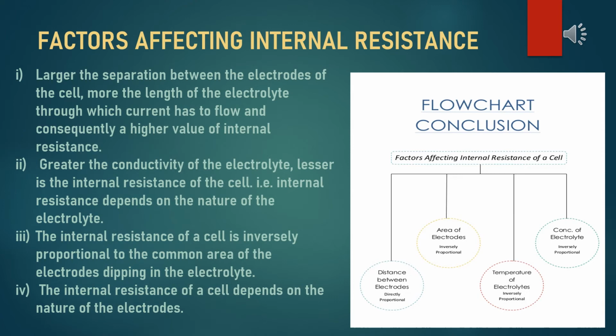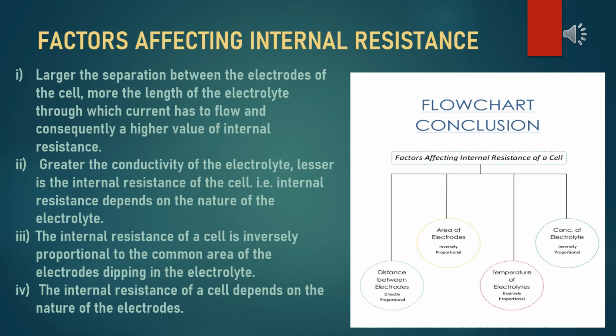So from this, the EMF of a cell can also be defined as the work done in carrying a unit positive charge once through a complete circuit, that is the external circuit of the cell and through the electrolyte of the cell, and it is called the electromotive force of the cell. Now again we can write that E is equal to V plus v, that means capital V plus small v.